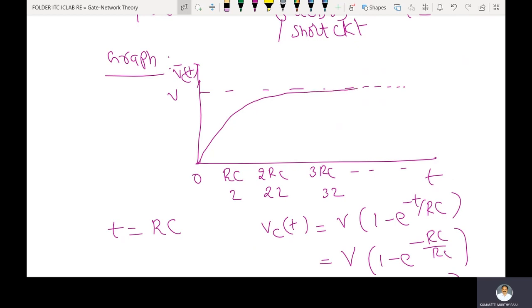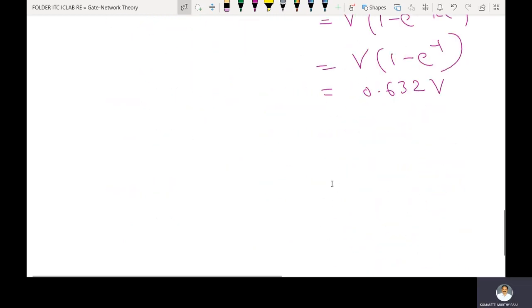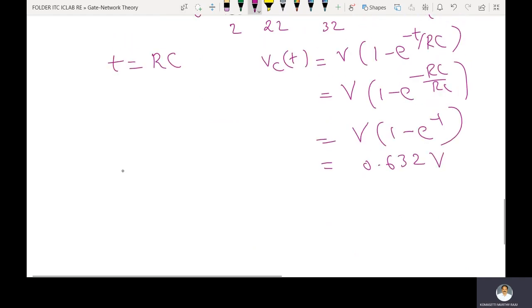At t equal to infinity, it reaches V volts, the source voltage. That means the capacitor is fully charged. At t equal to RC, the value is 0.632 times the source voltage.